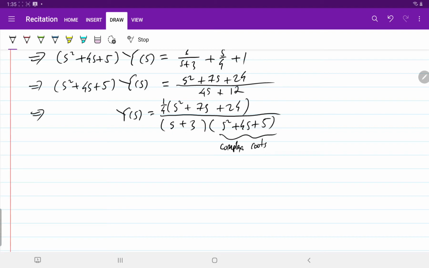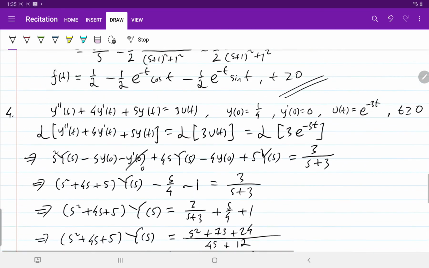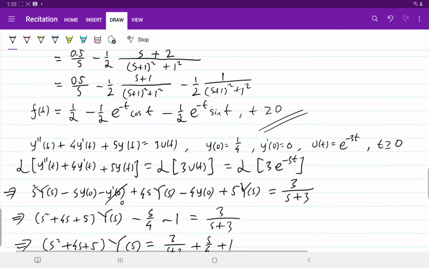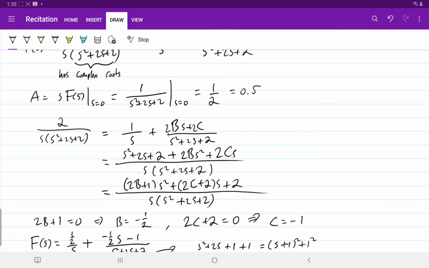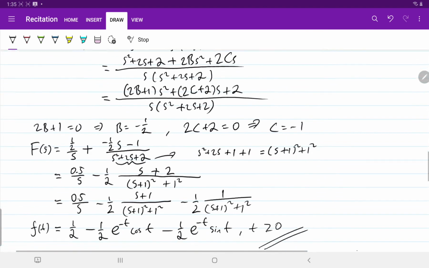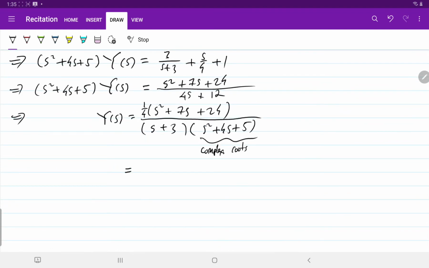Okay, but we did that on problem number 3, so that shouldn't be a problem because we know how to solve the partial fraction expansion when the polynomial has complex roots. Okay, we just need to be patient.